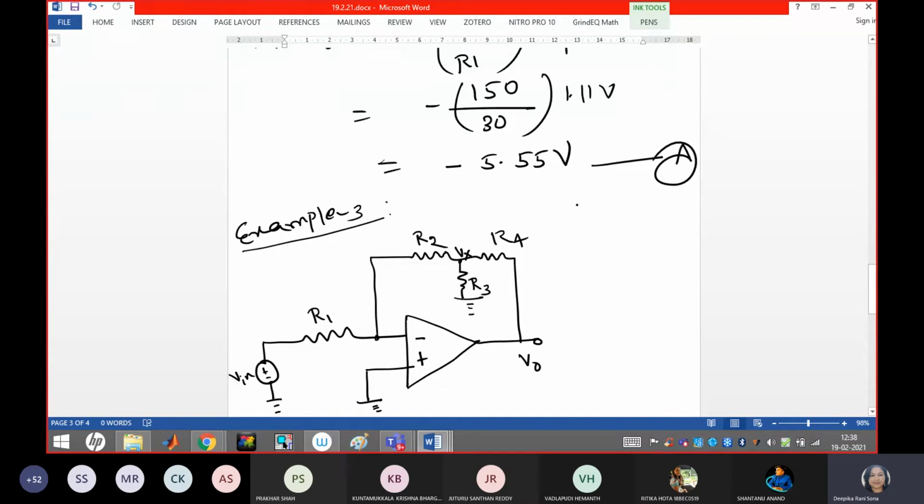What is the equation of gain from this circuit? One circuit is given like this, find out the equation for gain. Find out the gain of this circuit, that is the question.